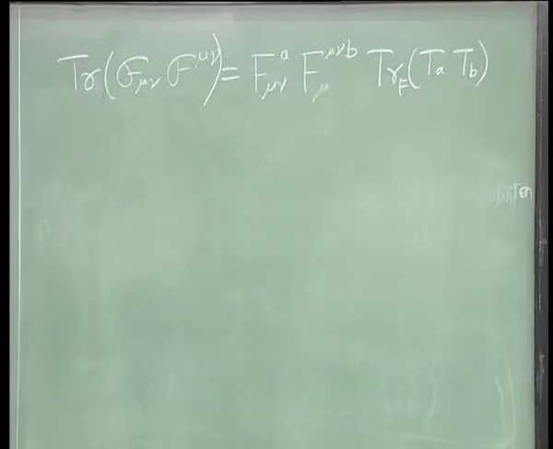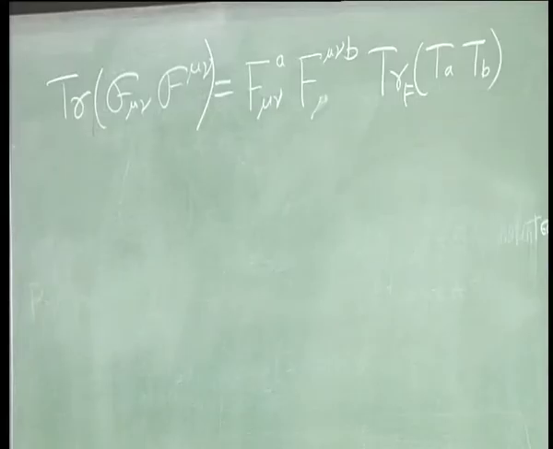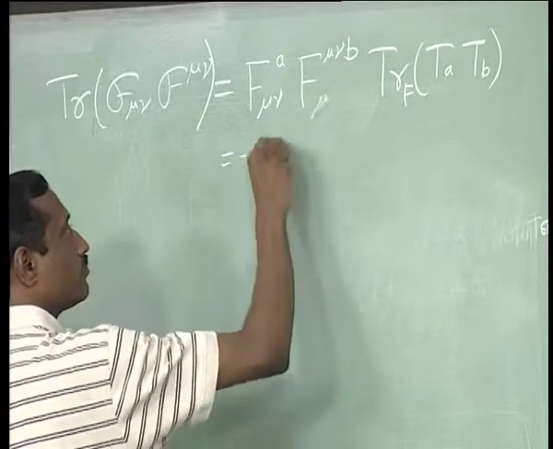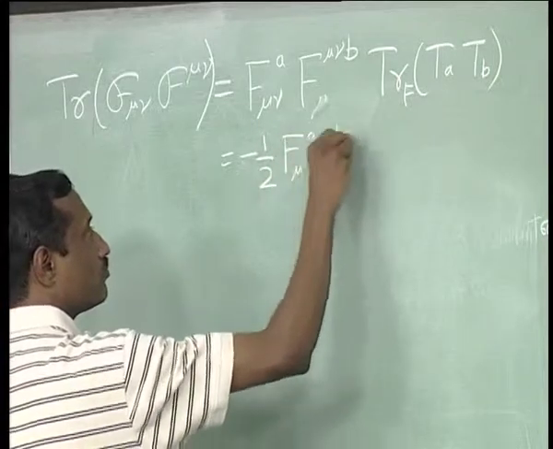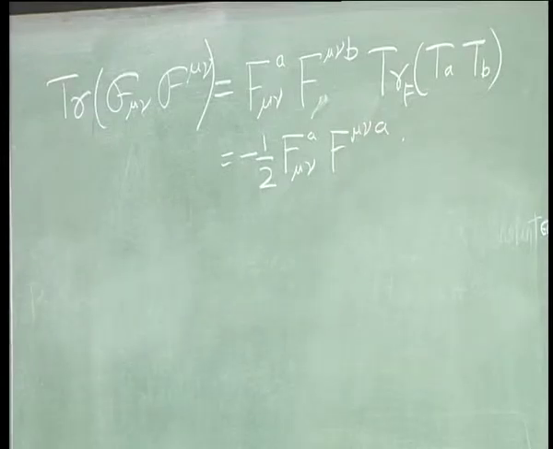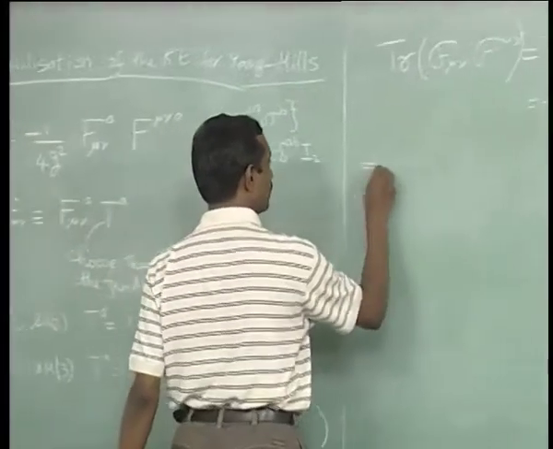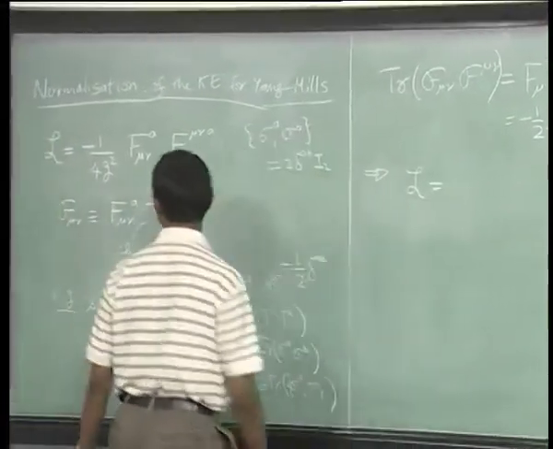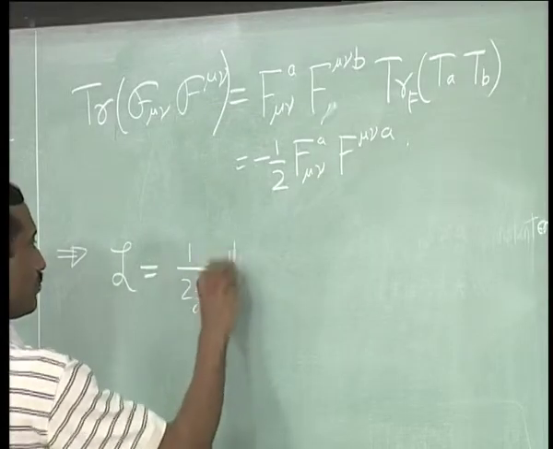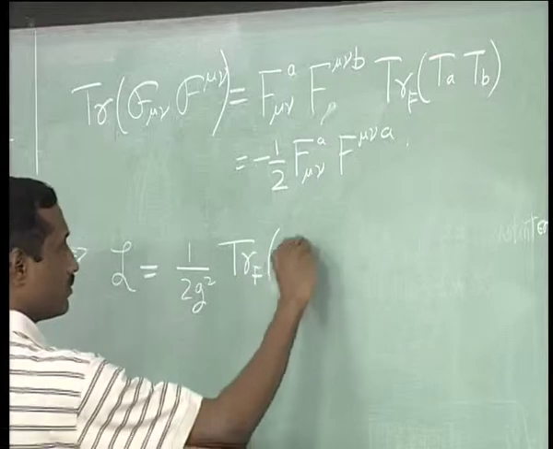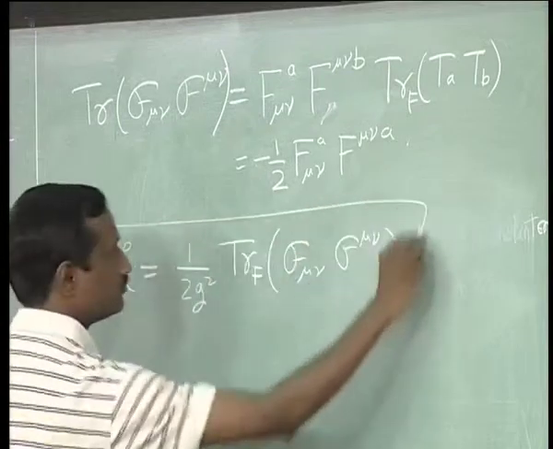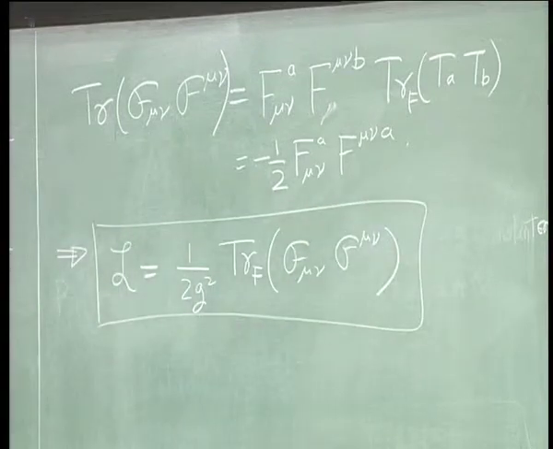But the normalization, at least for these things, is minus half. So you can see this is equal to... okay. So we can see that the same Lagrangian. So this implies that the Lagrangian can be written in terms of matrix valued objects as follows. Trace in the fundamental representation, so it goes back to the same thing.